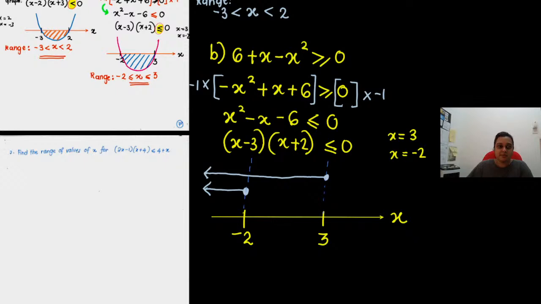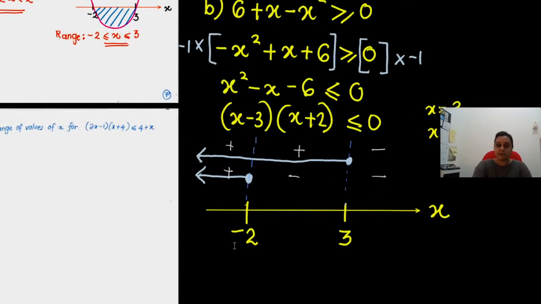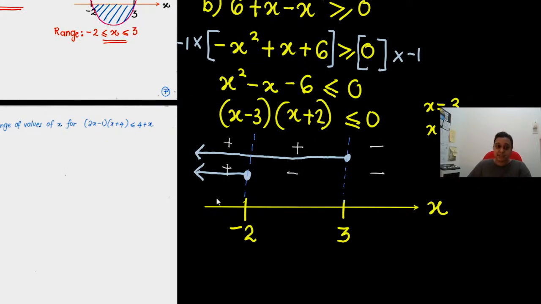Okay, here will be the first one positive, here positive, here negative. Because where got line, all that part is positive. Where don't have line, all that area is negative. Okay, now from here, positive positive will be positive, positive negative negative, negative negative positive.